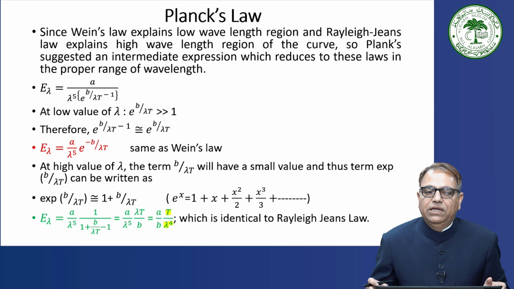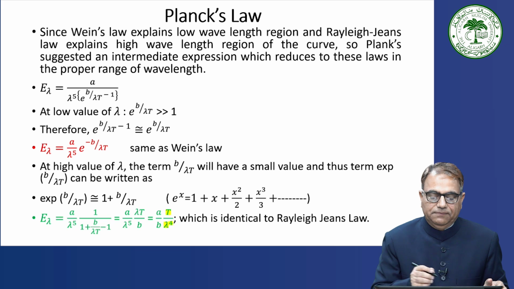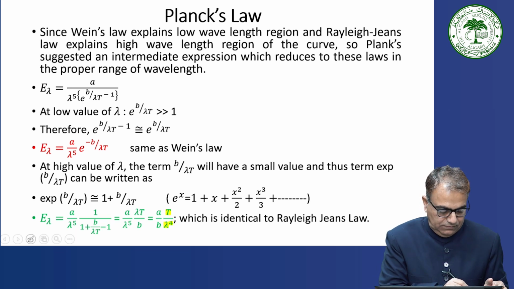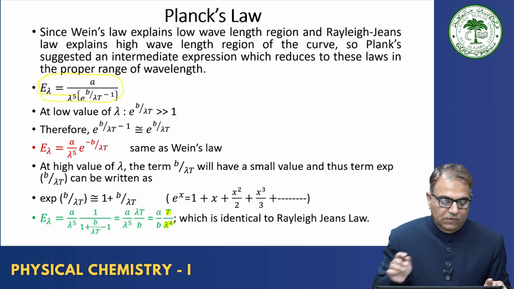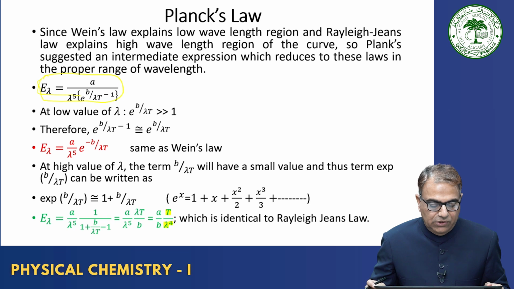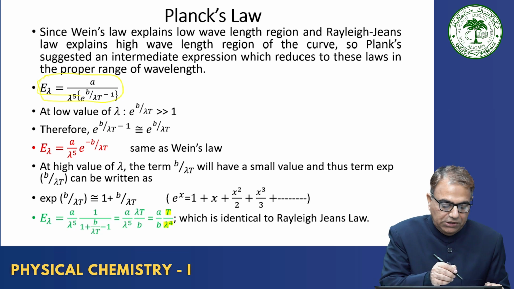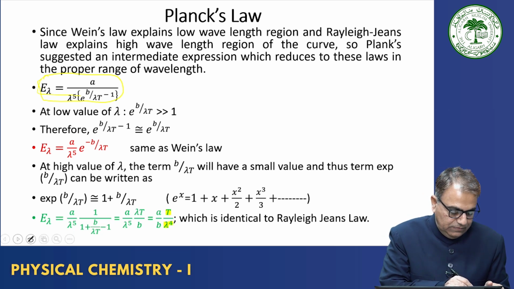So he combined these two, and the combined law which he gave is this one: E lambda is equal to A divided by lambda raised to the power 5, into exponential B divided by lambda T minus 1.